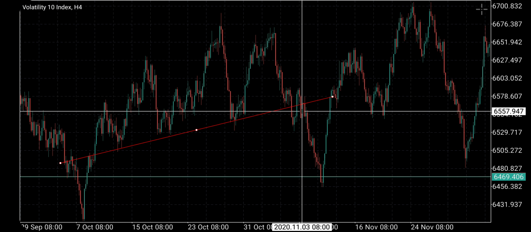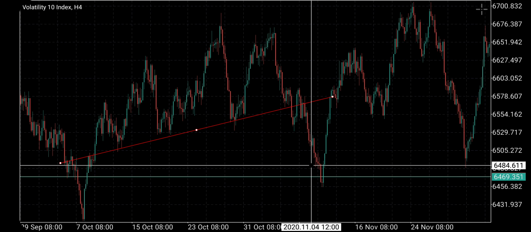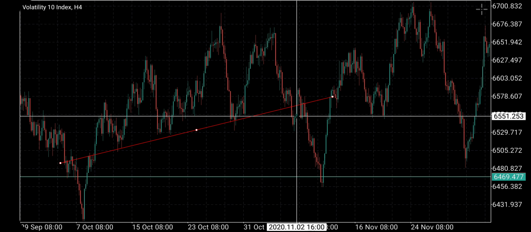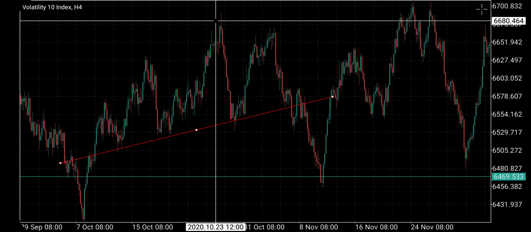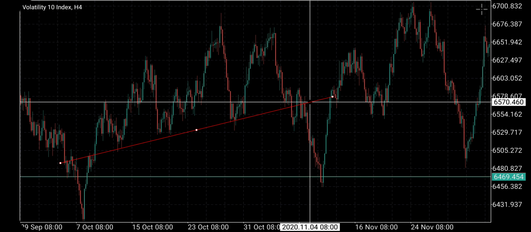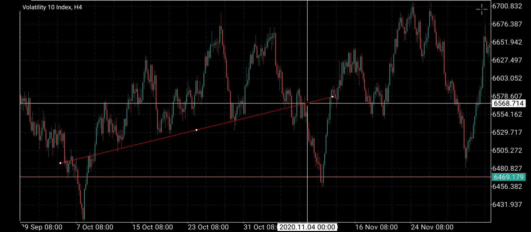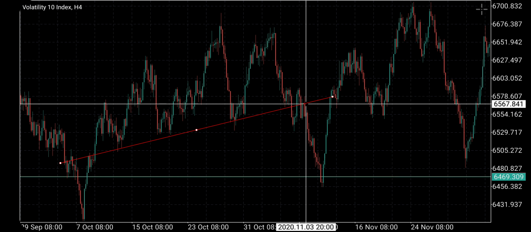The market has to drop below the neckline or trend line for the head and shoulders pattern to be complete. You understand? And you'll be like, how do we know? It drops there and then the head and shoulders pattern is complete.